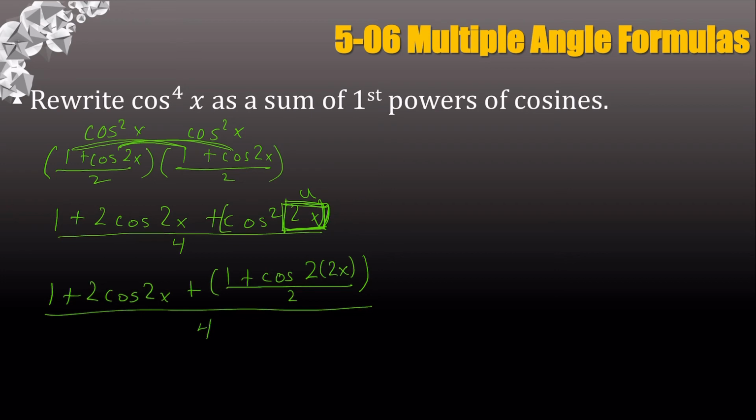If we get a common denominator in all the terms on the top, we can combine those together. So it'd be 2 over 2 and 4 over 2. So if I do that, I can combine the 2 and the 1 to make 3. And then I have 4 cosine of 2x. And then this one is cosine of 4x. All over 2, all over 4.